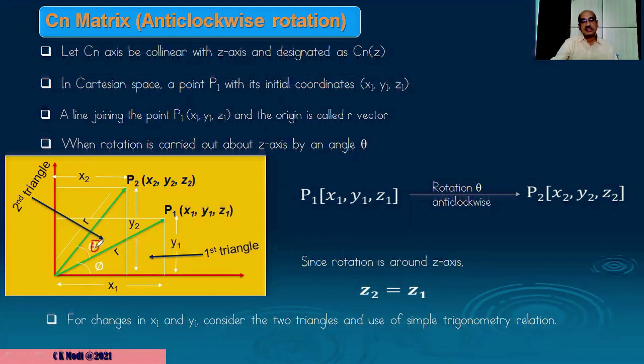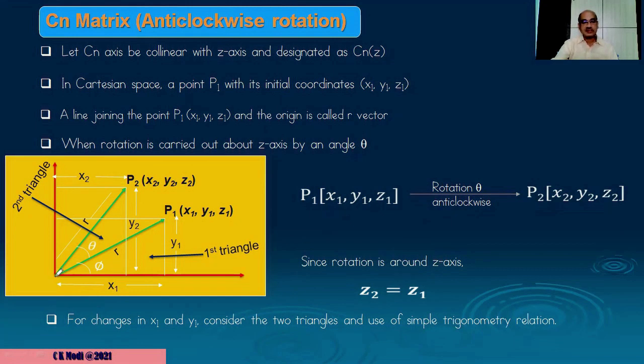We have performed rotation on the Z axis by theta degrees. So look at this: point P1 with initial coordinates x1, y1, z1, after an anti-clockwise rotation of theta degrees, gives the new point P2 with final coordinates x2, y2, and z2.